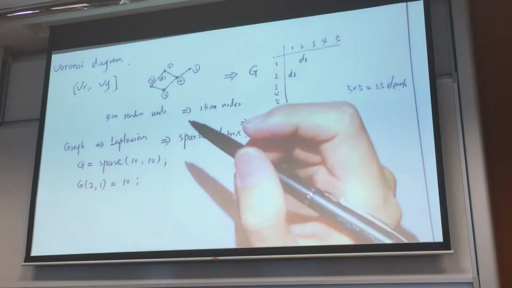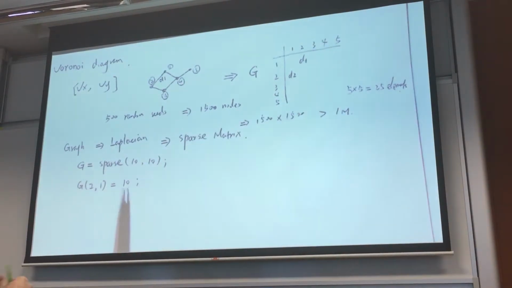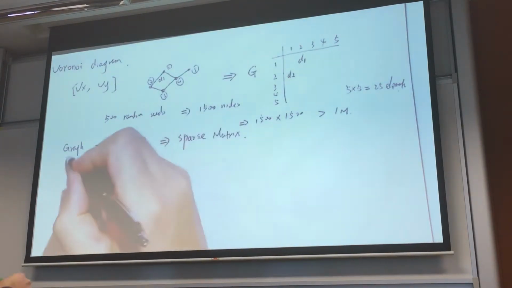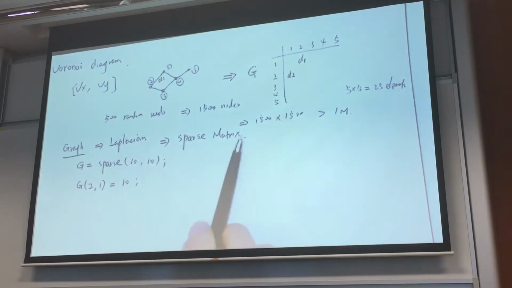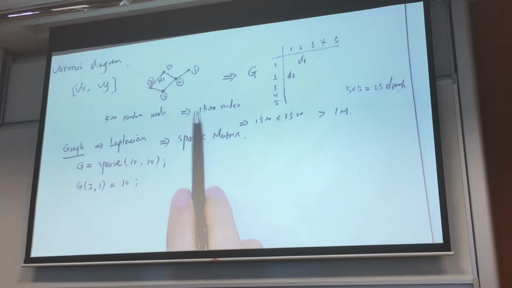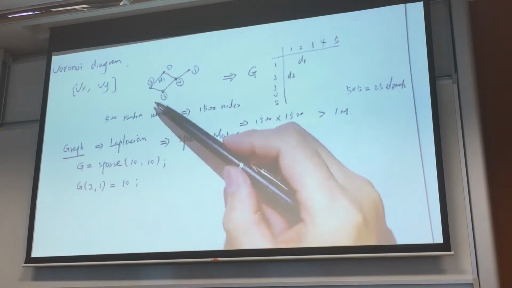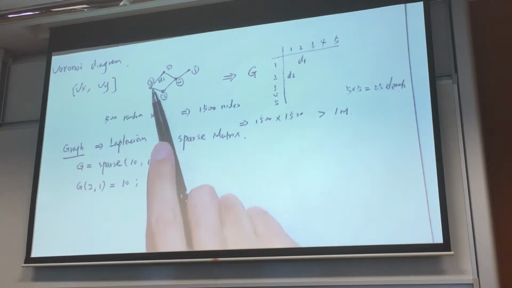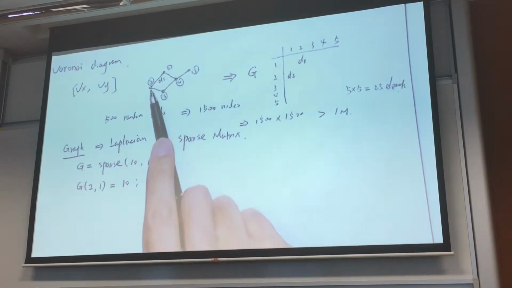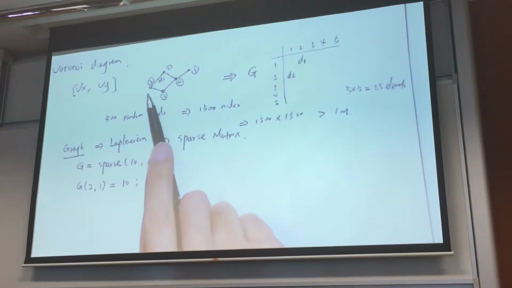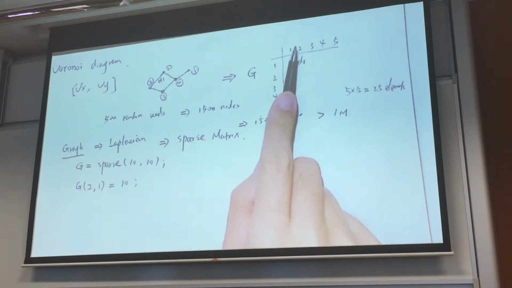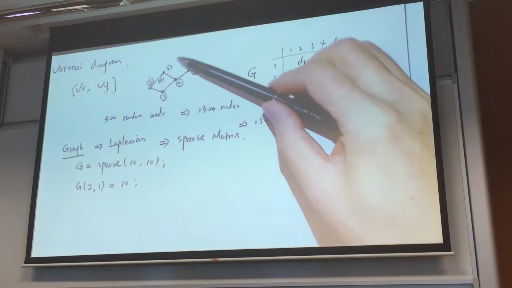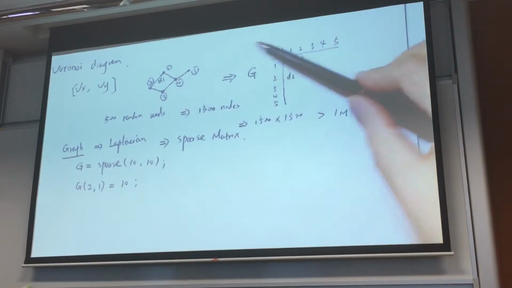So once we construct this graph matrix, the next task will be to find the shortest path. Our task is eventually to find the shortest path from the starting point to a destination. So far, we use the Voronoi diagram to discretize the problem space.